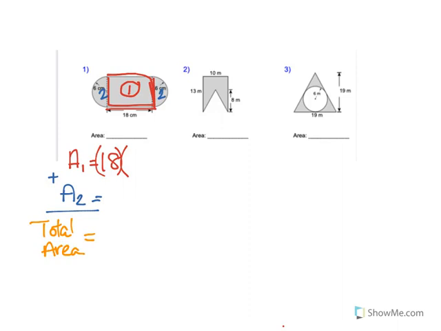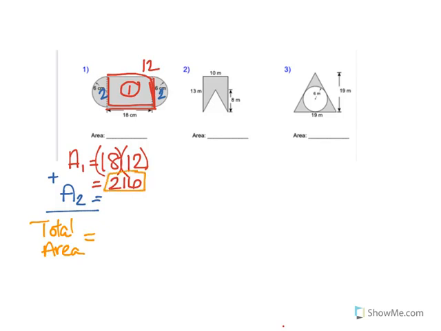So we have this little 6 centimeter that represents the radius of the circle, and the diameter of the circle would then be 12 centimeters, so 12 is actually going to be the length of that side of the rectangle. So 18 times 12 is going to give us the area of the first shape, which should be 216 square centimeters. So that is the first one.